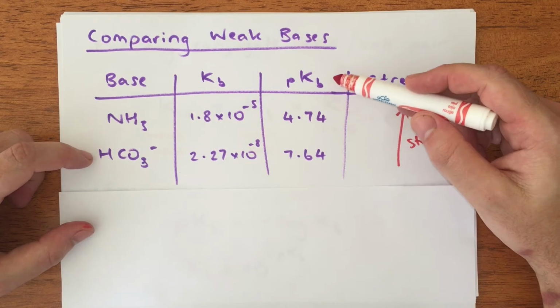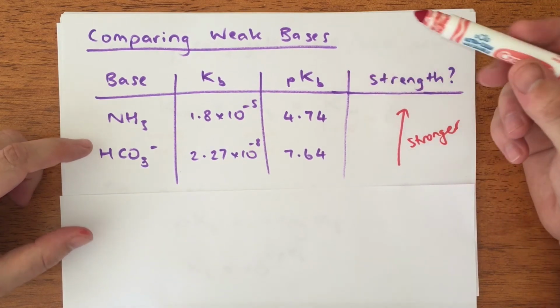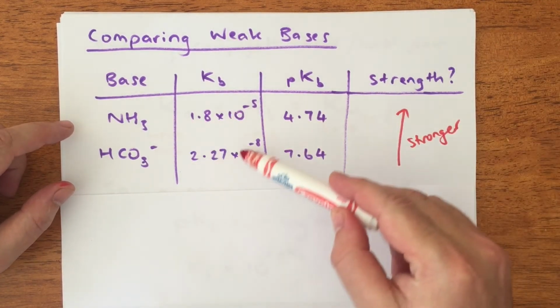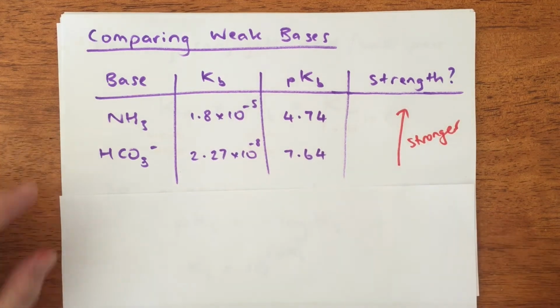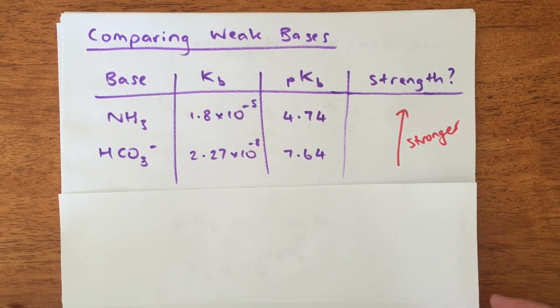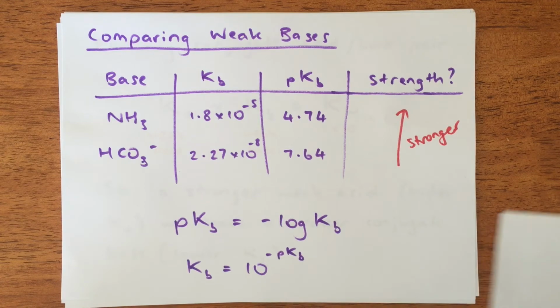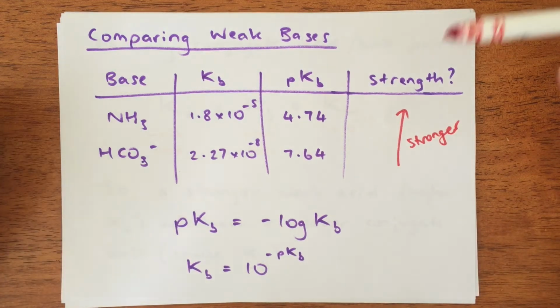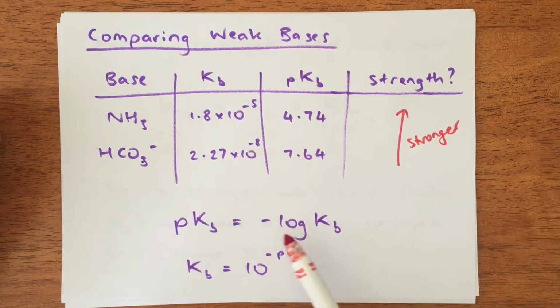Again, we can see this thing called pKb. Now that's taking our Kb values and turning them into something a little bit more user-friendly, just as pKa does for Ka, or pH does for H3O+. We can convert between Kb and pKb using these two equations. pKb equals the negative log of Kb, and to get back the other way, Kb equals 10 to the power of negative pKb.